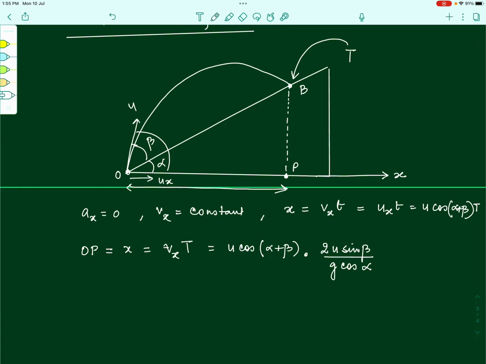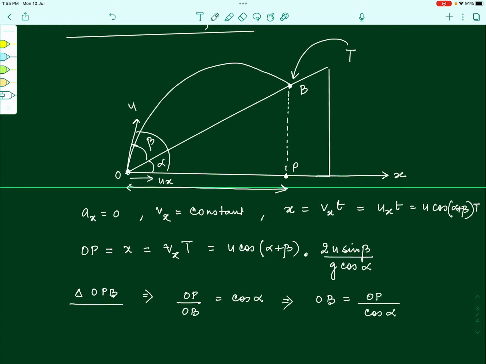Now, let us look at the triangle OPB. In triangle OPB, do we see that OP by OB is nothing but cos alpha? So that we can write OB, which we are looking for, is equal to OP by cos alpha.